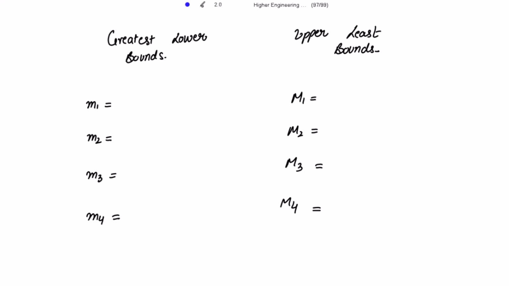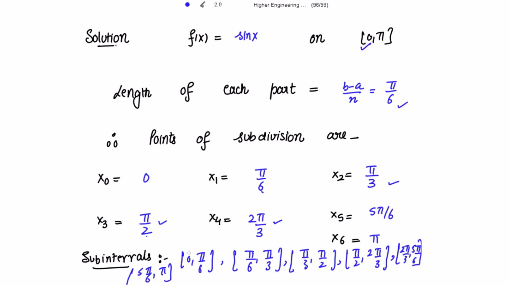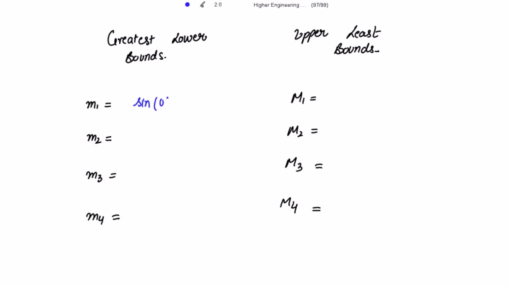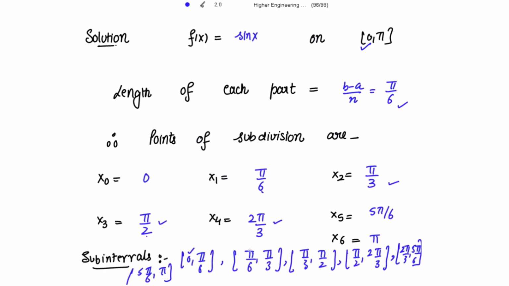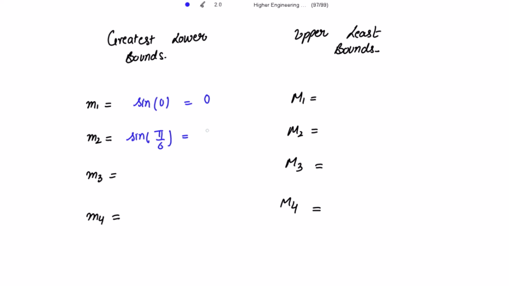So finding m1, we take the value of x equal to 0 for this, that is sin 0, which is 0. Then for the second subinterval we are taking the value pi by 6, and sin pi by 6 is 1/2.